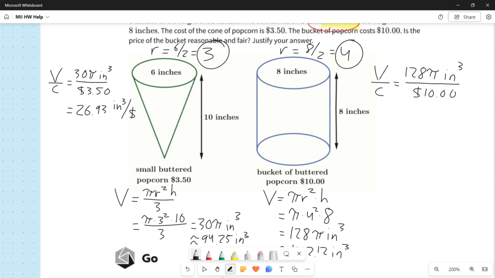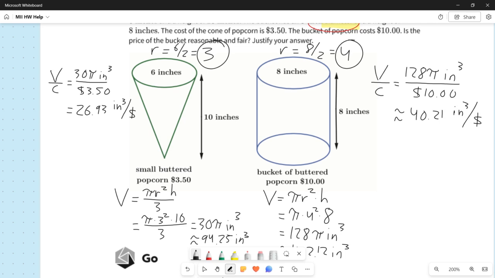So now I want to take 128 times pi divided by 10, and I get approximately 40.21 cubic inches of popcorn per dollar.